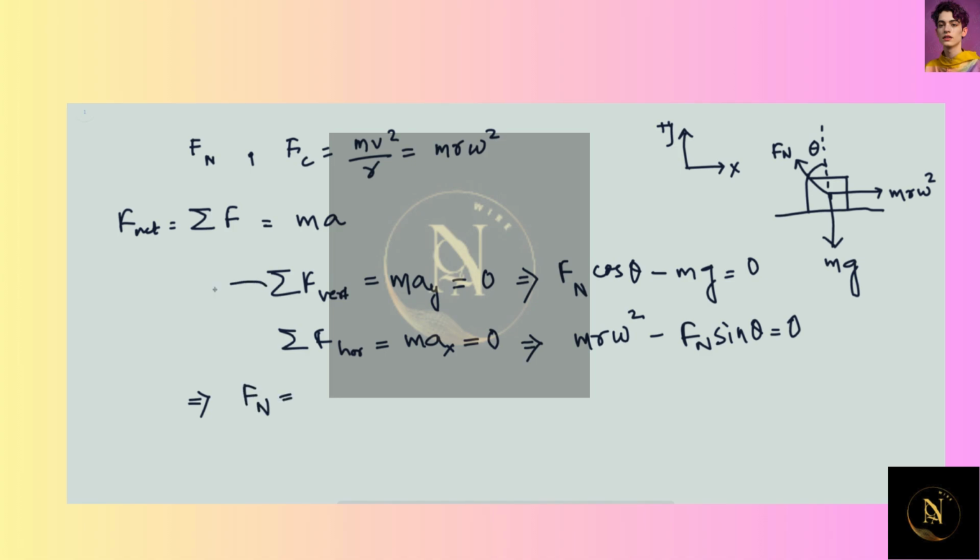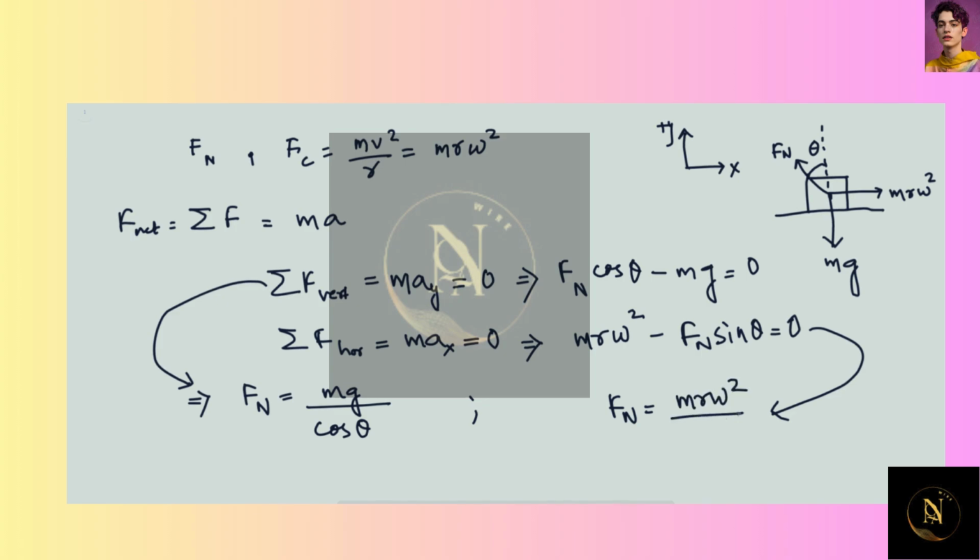Solving the first equation, we get Fn equal to mg over cosine theta. And solving the second equation, we get Fn equal to m r omega squared over sine theta.